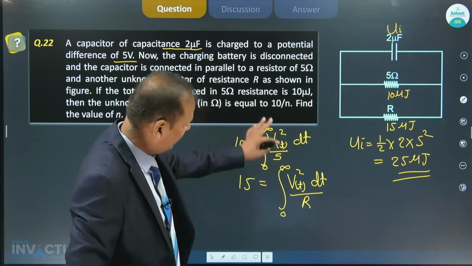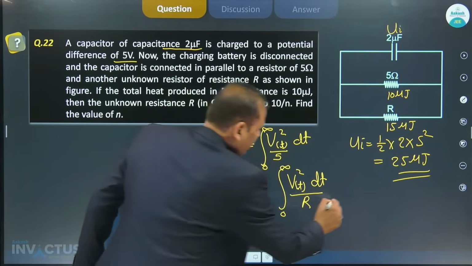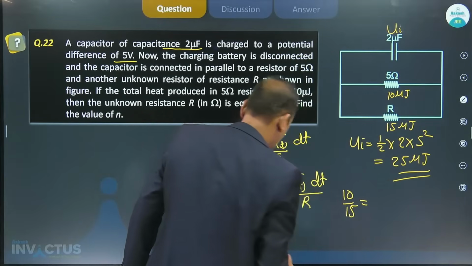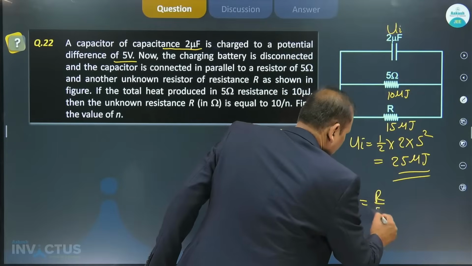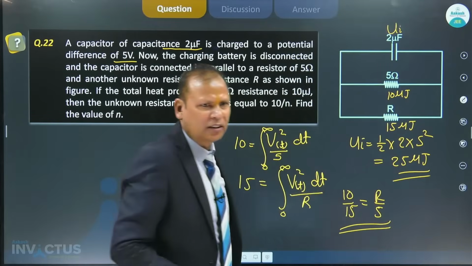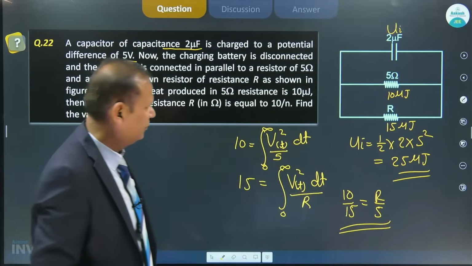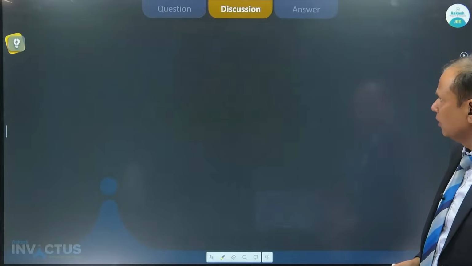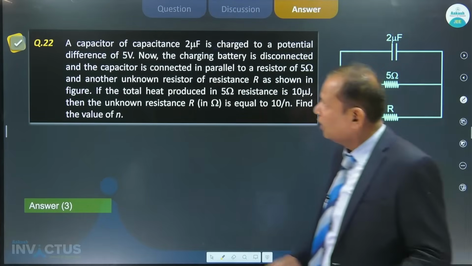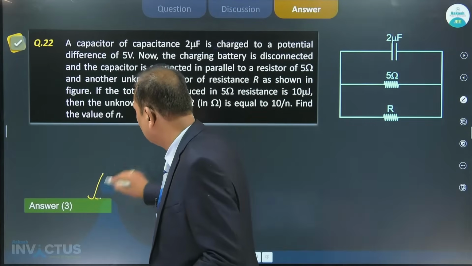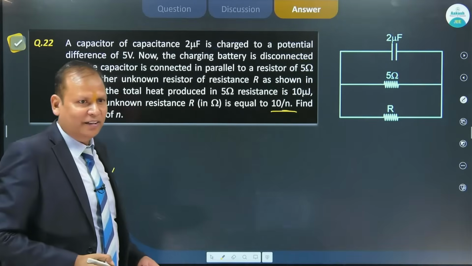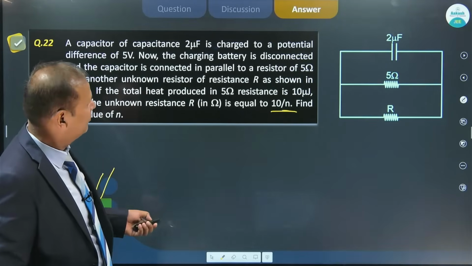So just divide this and you get 10 by 15 is equal to R by 5. Just find the value of R. See the answer, the answer will be 3, because here it will be 10 by 3.